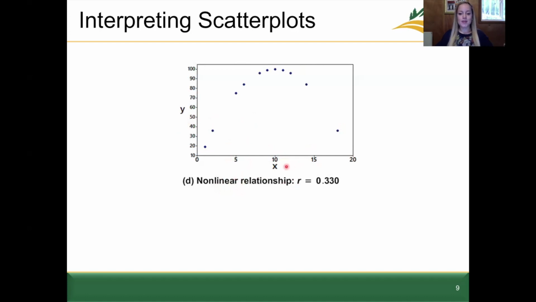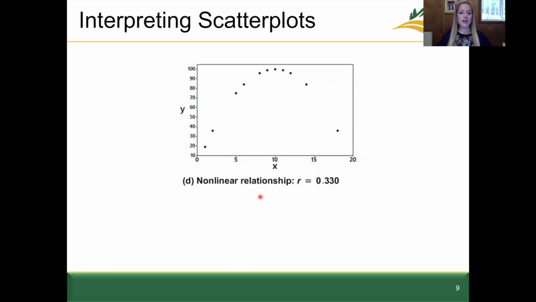So from this, you can tell to be careful just by looking at the R value, that we can't always say, well, okay, an R value of 0.330, that's probably a mildly positive correlation. Although that may be true, that's not a positive correlation, that's a linear correlation, and that's what we're interested in here in 10.1.